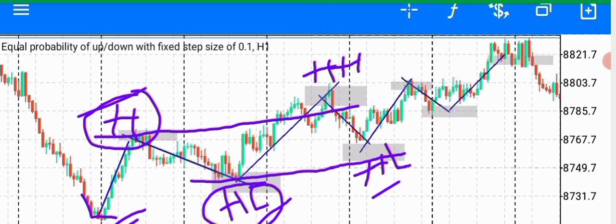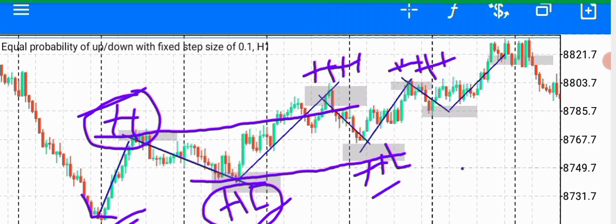Then it forms another higher high at this level. You might be looking at this and asking, is this higher high not the same as this one? No, it is not the same. Why do we say so? Because the body of the candle closes above this previous candle.